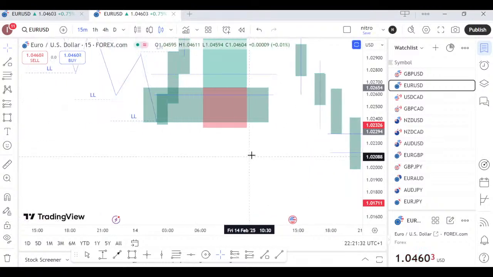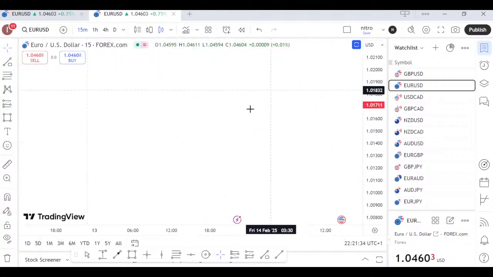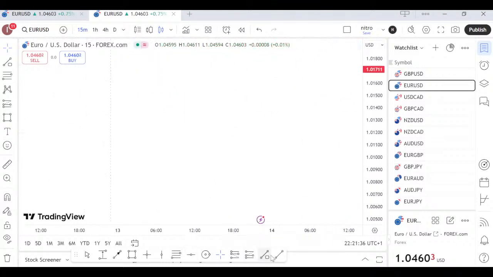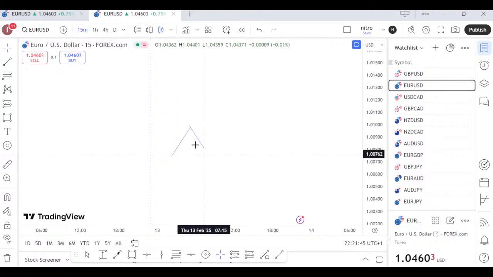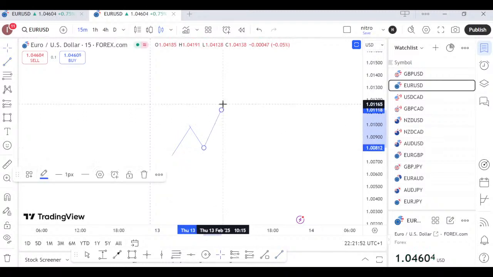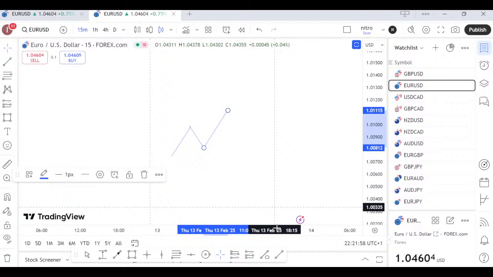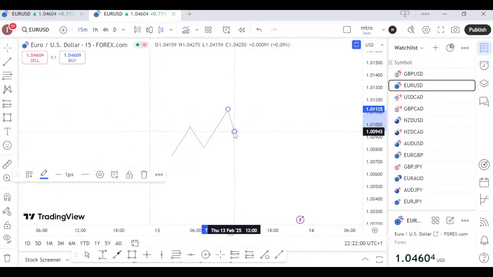All right. Likewise, when we're having a bullish structure, when the market just keeps moving like this, making higher highs and higher lows. This is a high, this is a low, but this low is higher. A new higher high, higher than this high, followed by a new higher low, which is higher than this low.